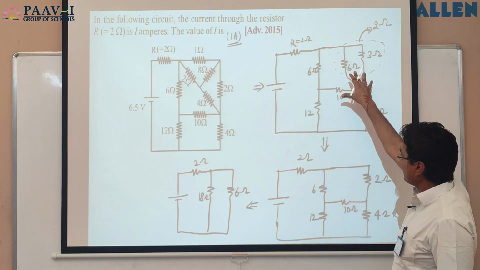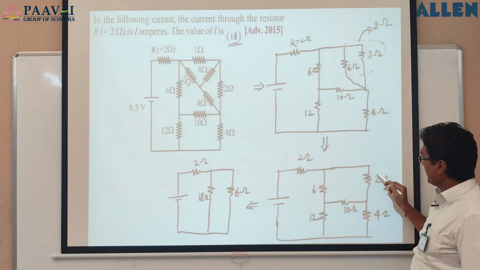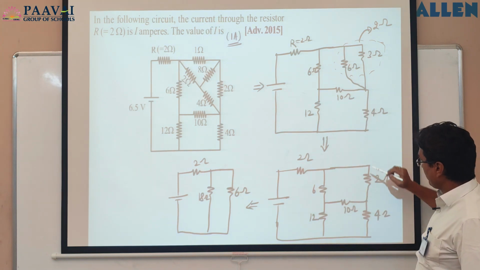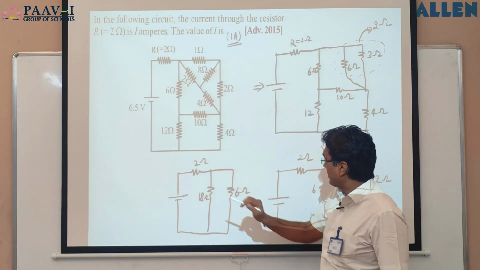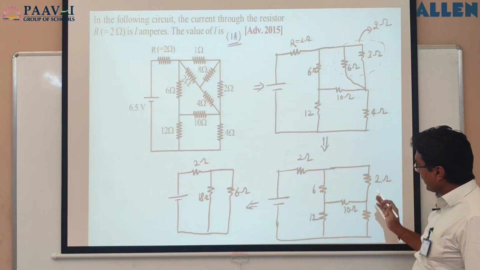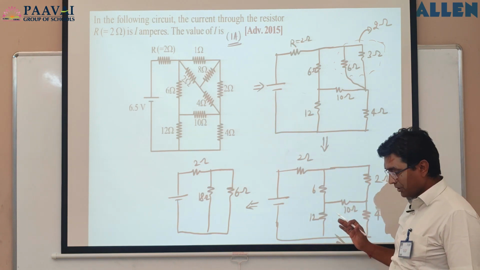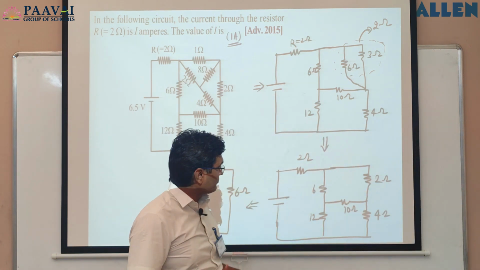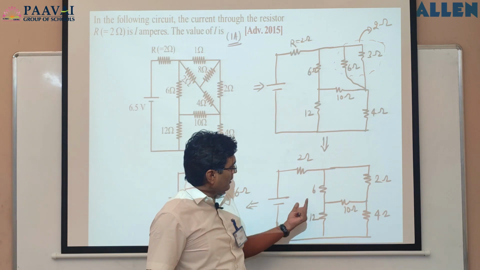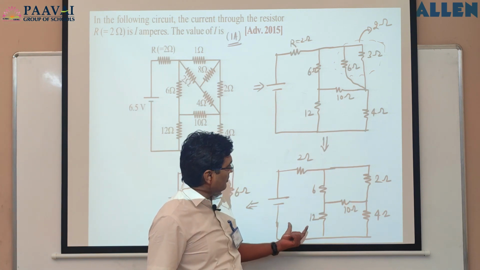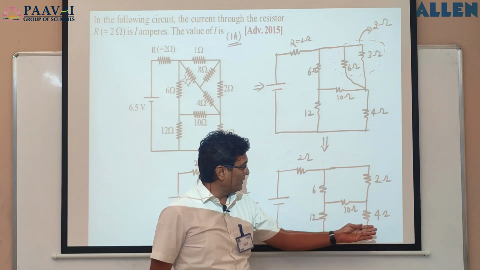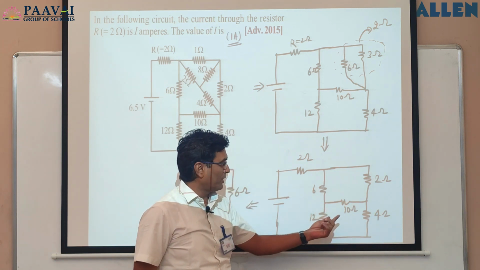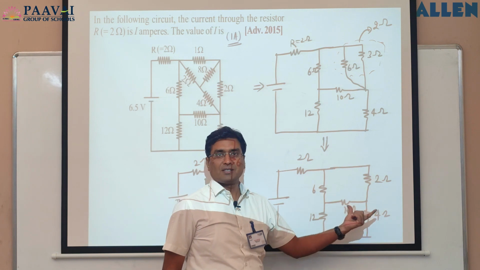So, after simplifying this circuit further, we get 2 ohm on this side, the bottom side is 4 ohm as it is, and 6 and 12 are as they are. Again, if we visualize this circuit, we get the ratio of the resistances 1:3, this is 2 ohm, this is 6 ohm, and this also 4 ohm to 12 ohm, again 1:3, as the ratio of the resistances is the same.